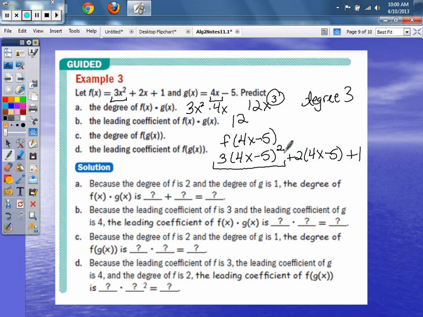I'll take this 4x and square it because that's where the large exponent is going to come from. 16x squared. That'll be taken times 3 though. So the degree is going to be 2. And the leading coefficient is going to be 16 times 3, which is 48. And that'll do it for us.